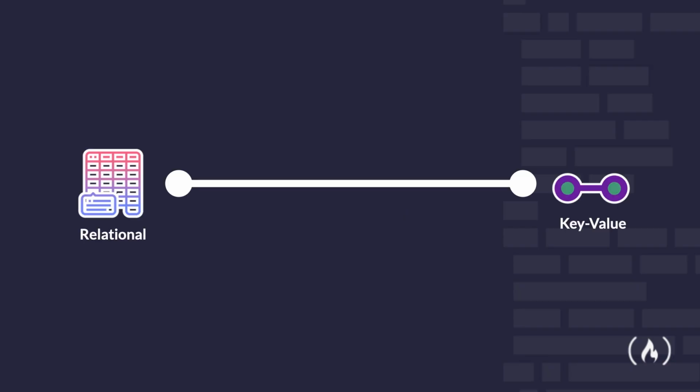In the spectrum of non-relational databases, wide column, aka column family, is in the middle of a spectrum with relational databases on one side and key value on the other. On one side, you have RDBMS, or Relational Database Management System, and ACID DBMS with lots of built-in features and performance overhead, to the much more simplistic, less feature-rich, but way faster DBMS like key value.